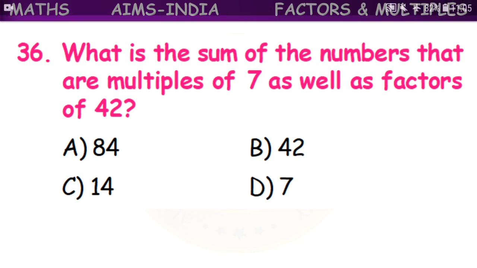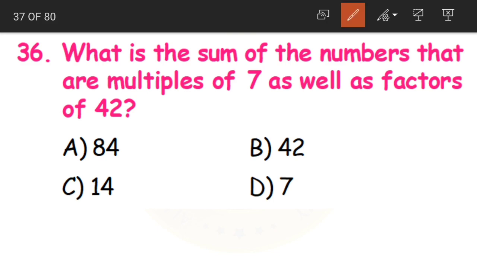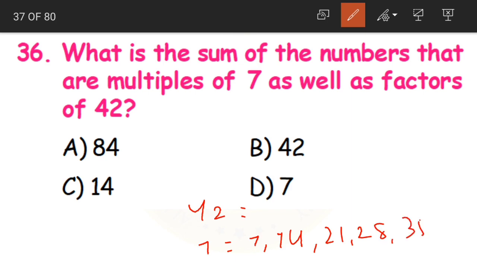Next. What is the sum of the numbers that are multiples of 7 as well as factors of 42? Now what are the multiples of 7? 7 ones are 7, 7 twos are 14, 7 threes are 21. Okay, I'll write till here.